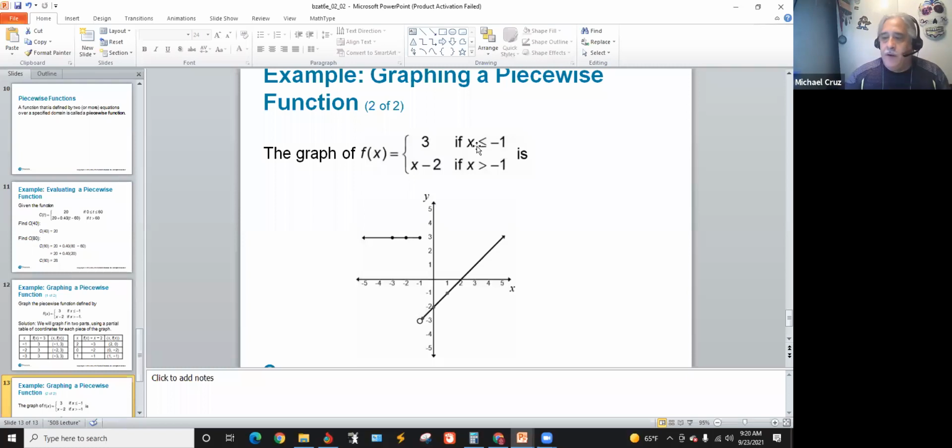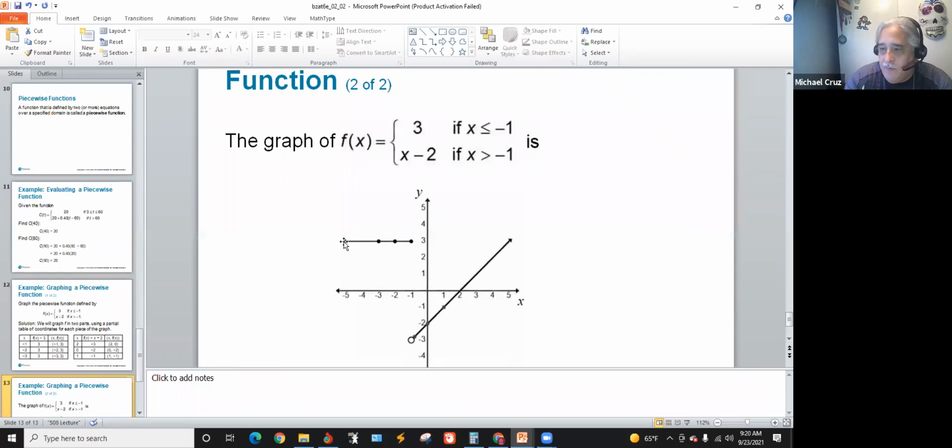And on the other end, which I couldn't figure out how to do on that Desmos graph, the arrow on the left for f of x equals 3 is going all the way down to infinity.